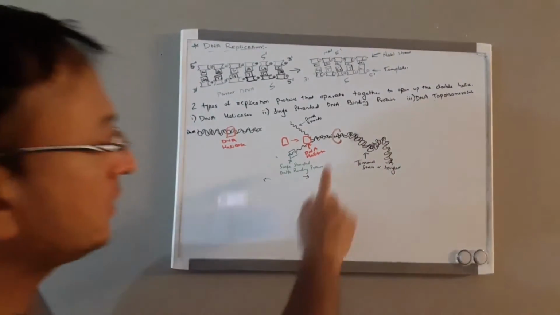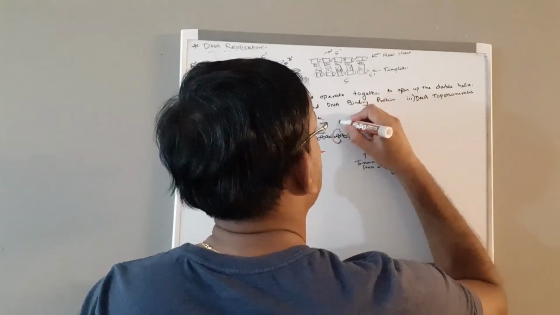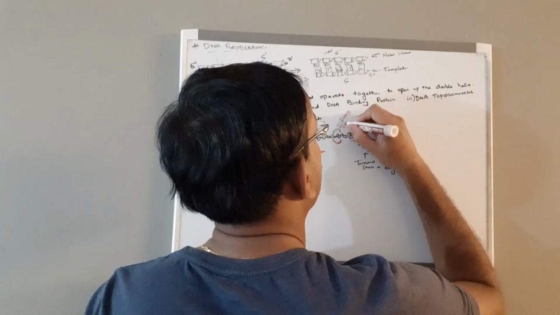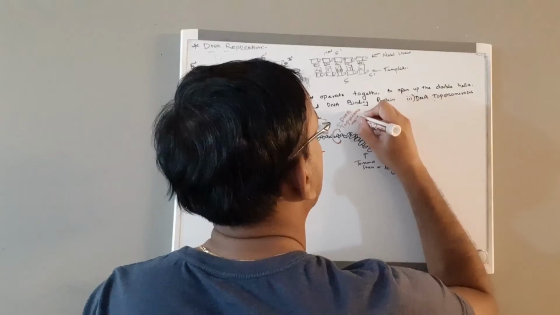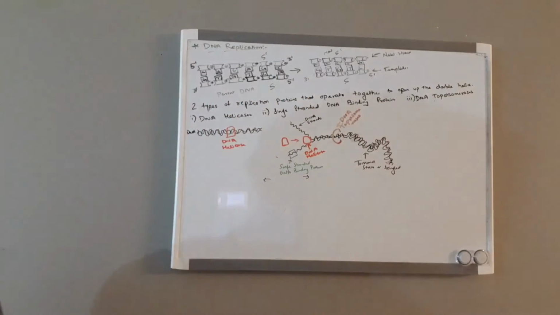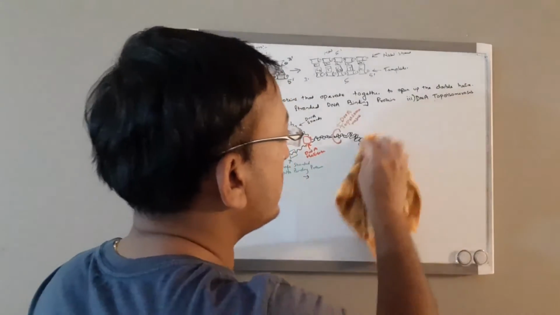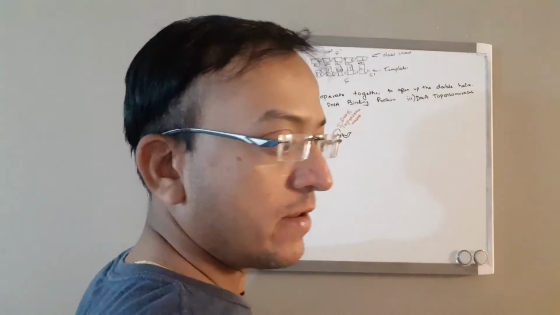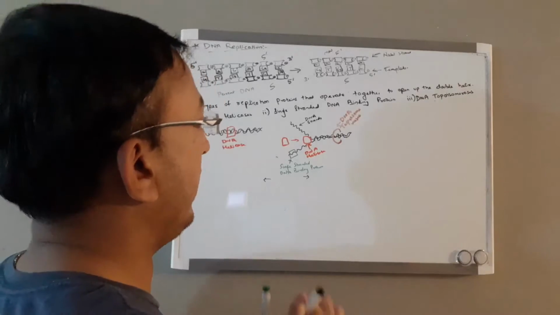So for example, I will name this here DNA topoisomerases. What this DNA topoisomerase does is it produces a few nicks in this DNA helix.